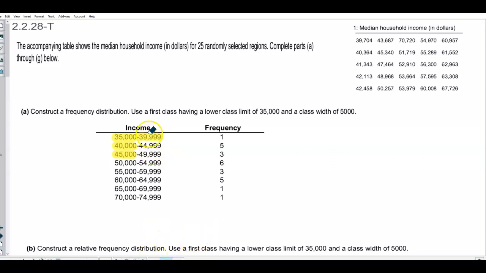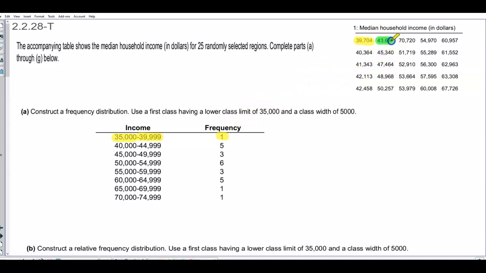Let's find the frequency for 35,000 to 39,999. We have 1 there, and therefore there's 1. And then we have 40,000 to 44,999. So let's select the 40,000 to 44,999.